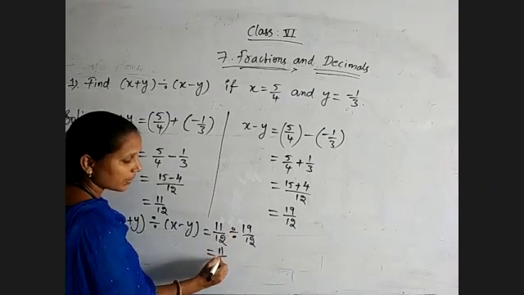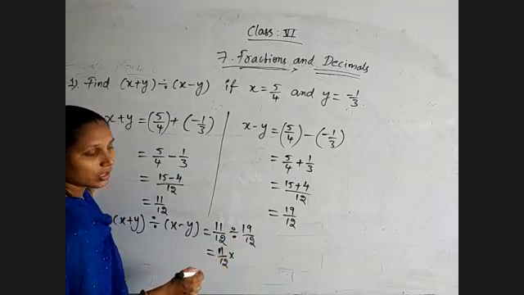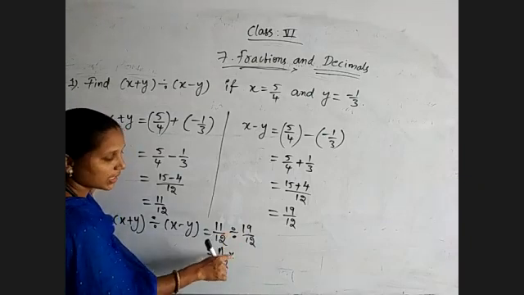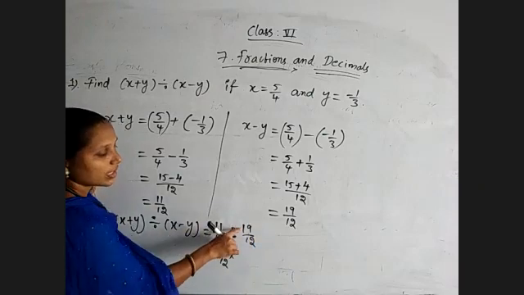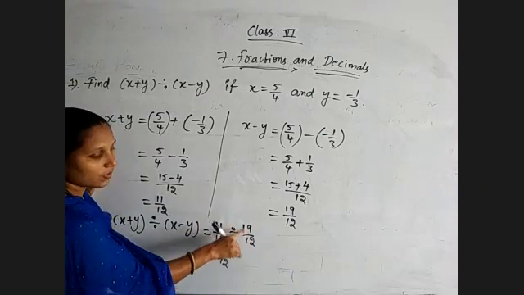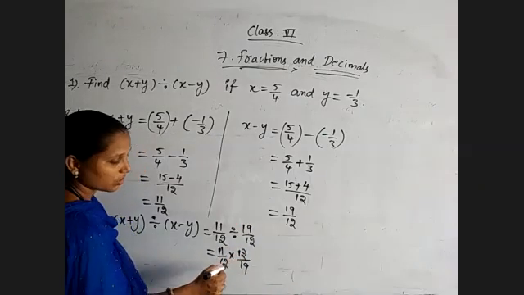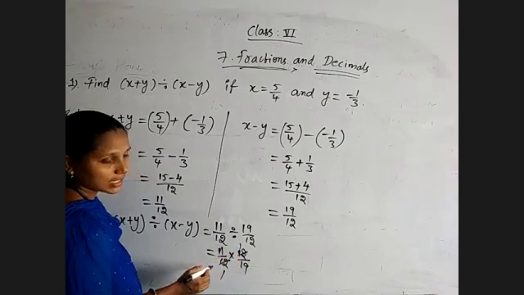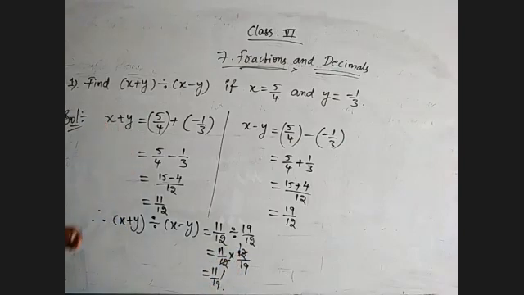That is, 11 by 12 as it is we will write, division we will change to multiplication, and the second fraction we take as reciprocal. That is, 19 by 12's reciprocal is 12 by 19. Now multiplication only. 12 ones are 12, both get cancelled, which is equal to 11 by 19.